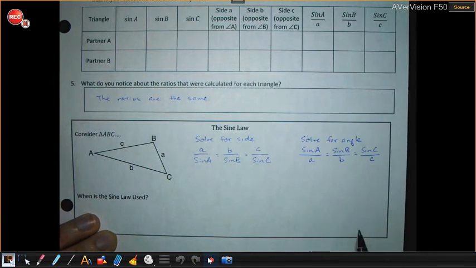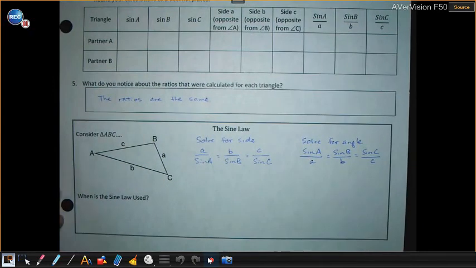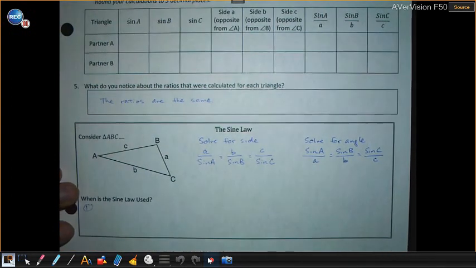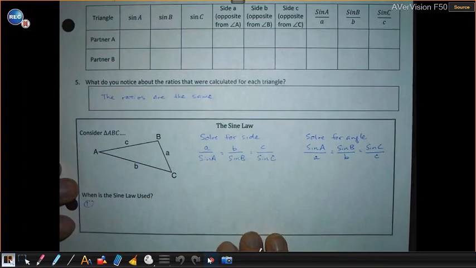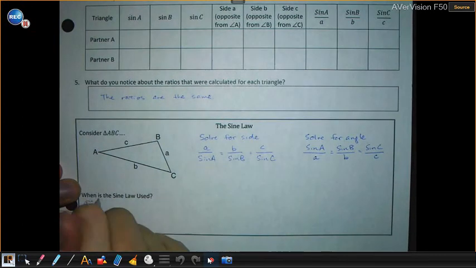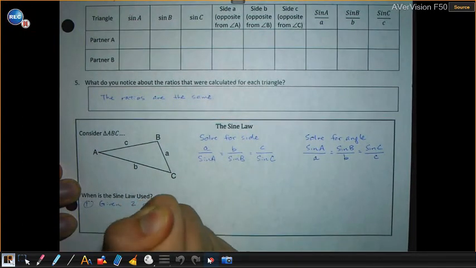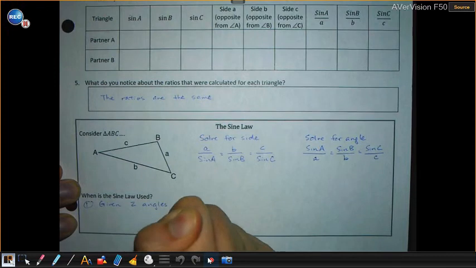Now, when is the sine law used? There are two types of non-right triangles in which we'll use the sine law. The first type is if we're given two angles and any side.